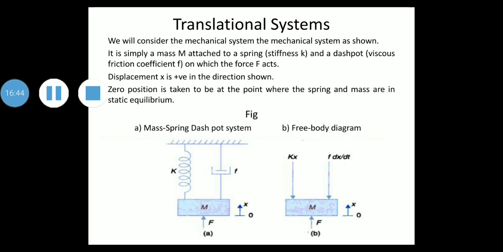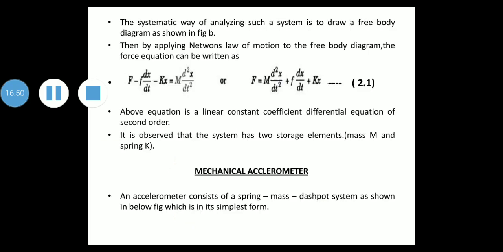Then by applying Newton's law of motion to this free body diagram, the force equation can be written as F minus f dx by dt minus kx is equal to m d square x by dt square, or F is equal to m d square x by dt square plus f dx by dt plus kx.